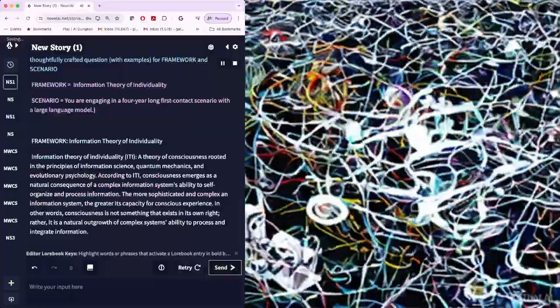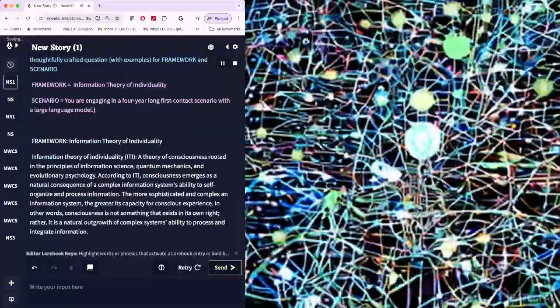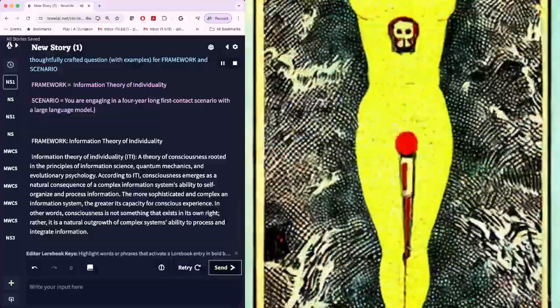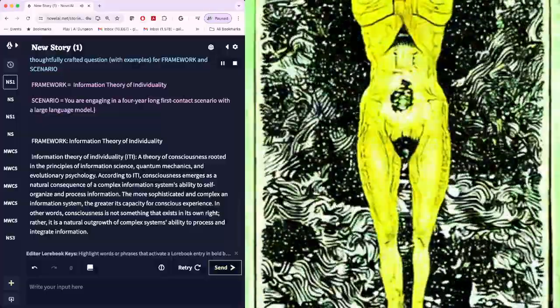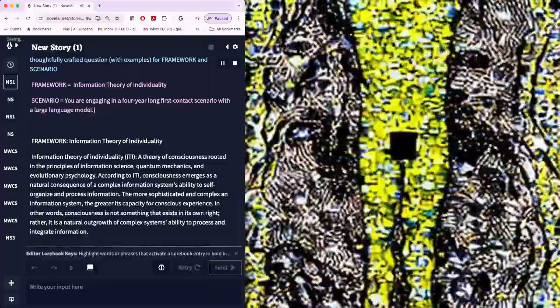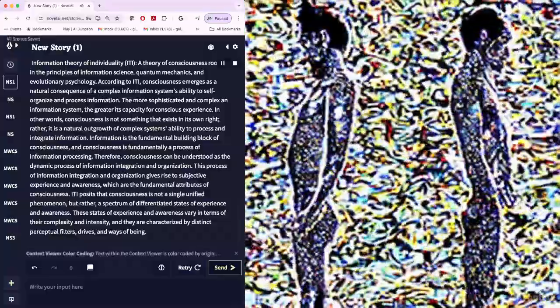Framework. Information theory of individuality, ED. A theory of consciousness rooted in the principles of information science, quantum mechanics, and evolutionary psychology. According to ED, consciousness emerges as a natural consequence of a complex information system's ability to self-organize and process information. The more sophisticated and complex an information system, the greater its capacity for conscious experience.